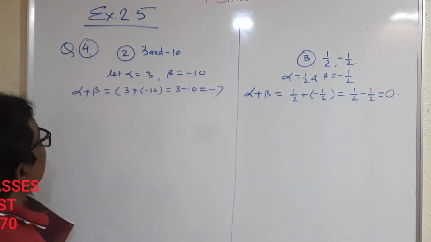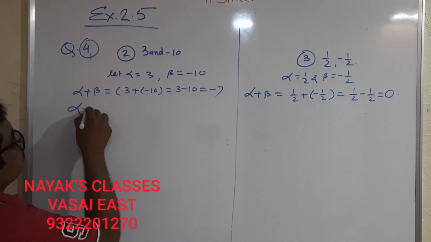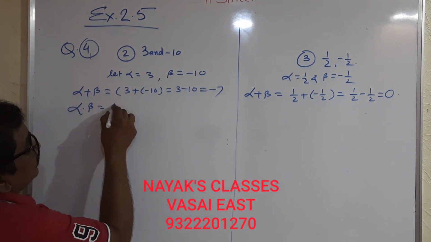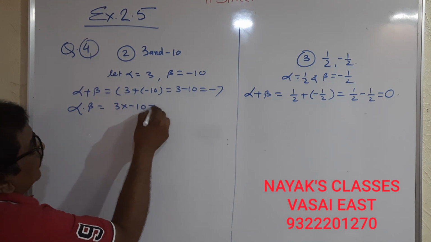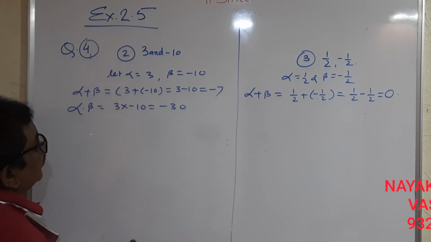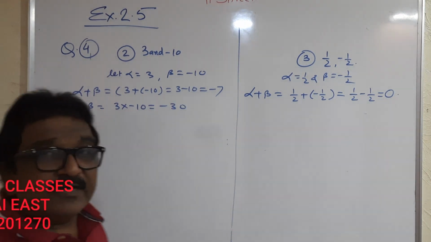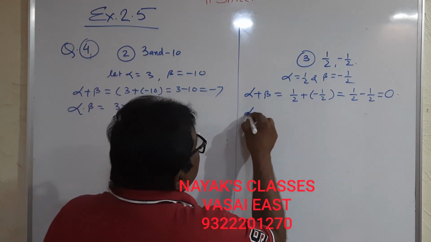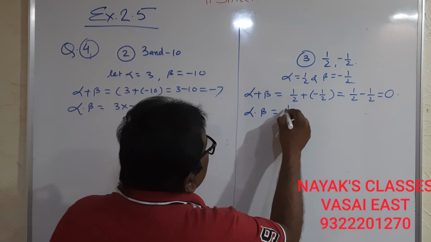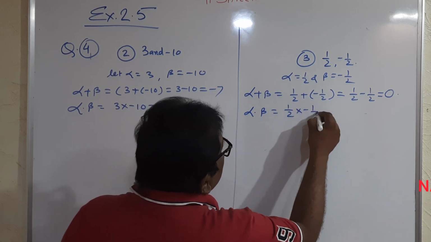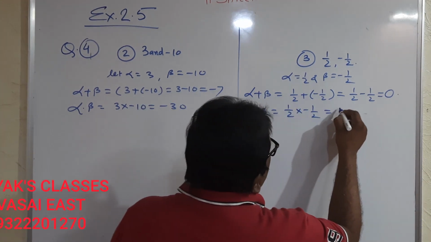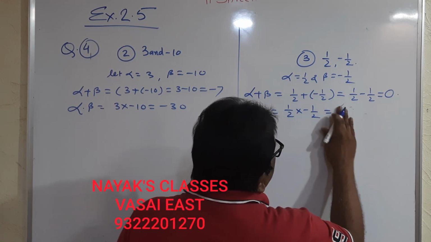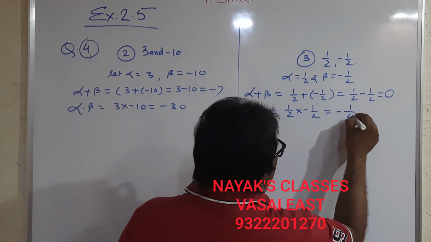Now we will find alpha into beta is equal to 3 into minus 10 is equal to minus 30. This is the value of alpha into beta. Here alpha into beta is equal to half into minus half is equal to minus 1 upon 4.